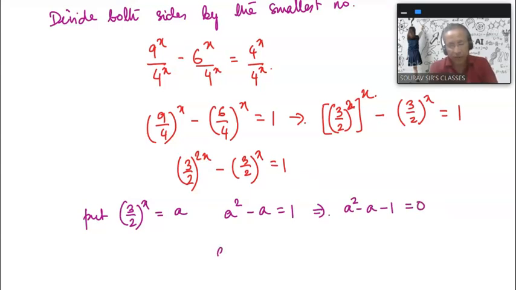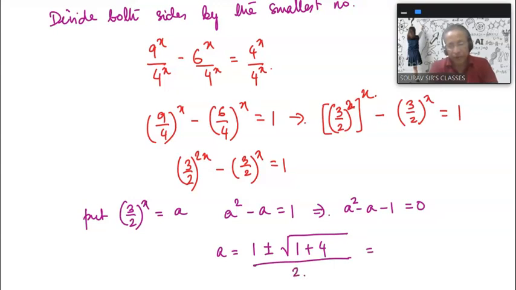So therefore the value of a becomes, you apply the quadratic formula, you get 1 plus minus root over of (minus 1) square, which is 1, plus 4, because minus 4 into minus 1 becomes plus 4, by 2.